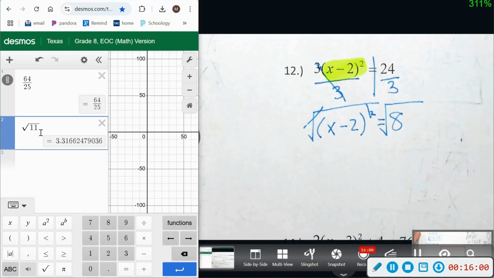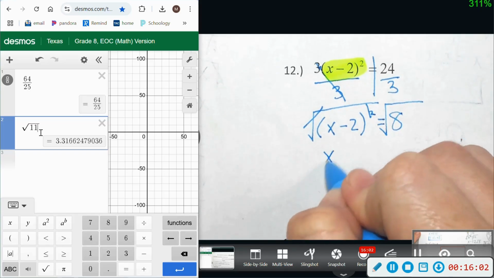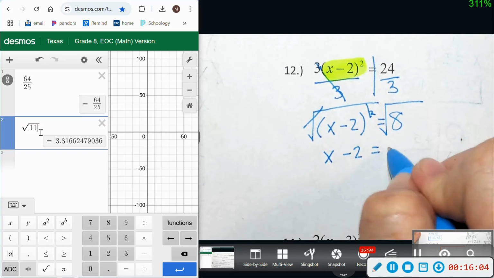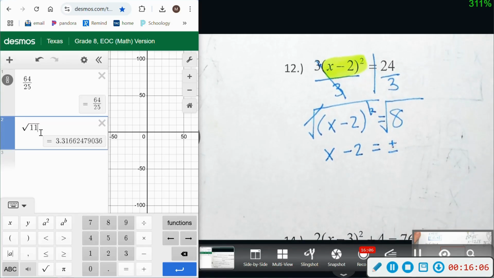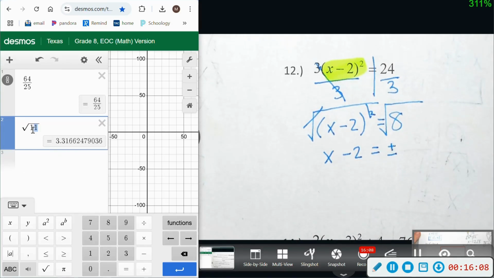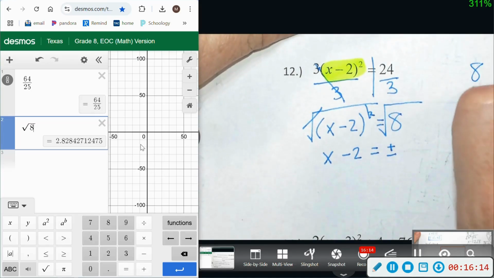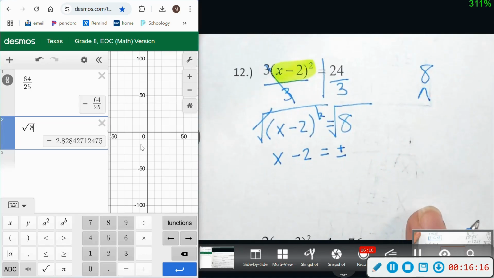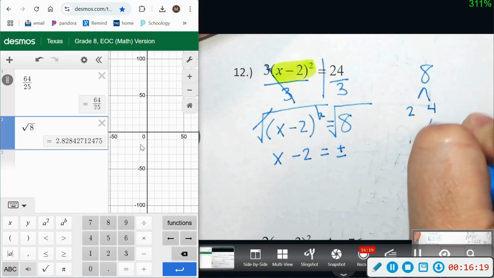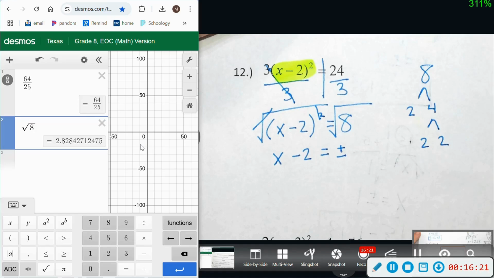Yes, so now we can take the square root of both sides. Square root cancels the squared, and we get x minus 2 equals positive and negative something. Now, if I type the square root of 8, is it a perfect square? No, so what do I have to do? We have to do the factor tree. 2 and 4, 2 and 2, and then we're done.